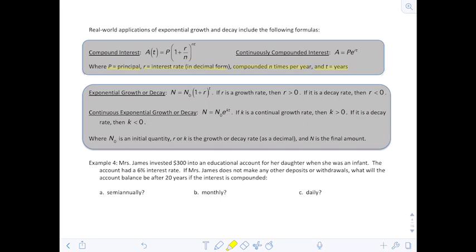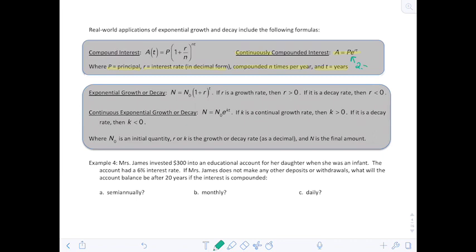Then you have continuously compounded interest. The key word here is continuously, and you will see that in the problem. A lot of times we refer to this as the PERT formula because that's literally what it spells. All of the variables mean the same thing. A is your resulting amount, P is your principal, e, again, is not a variable.